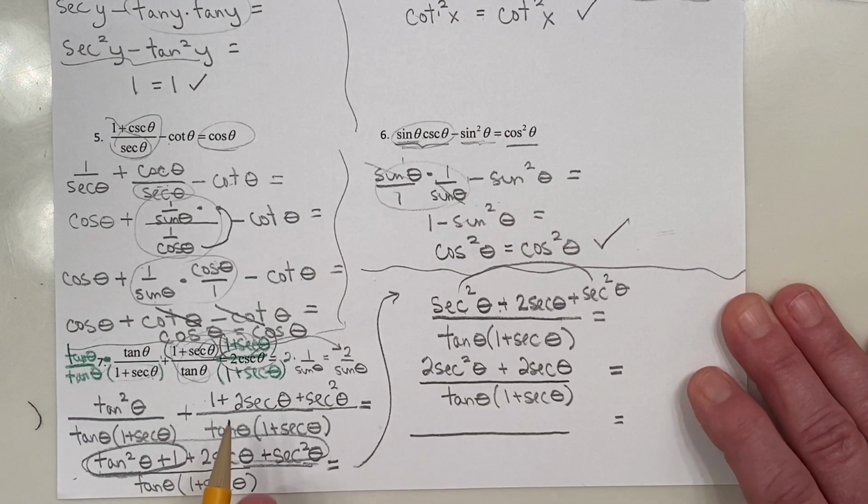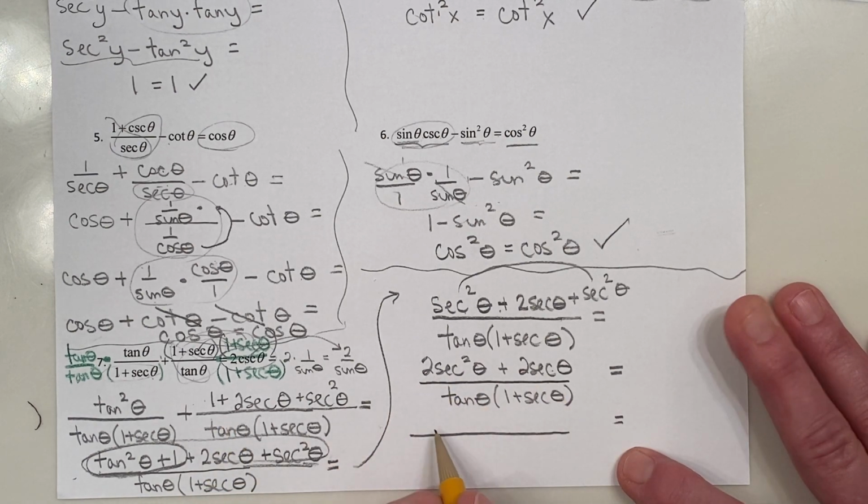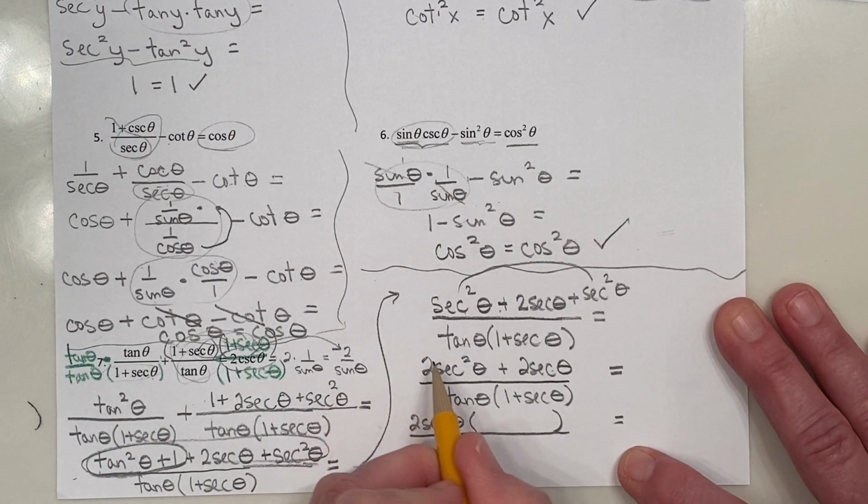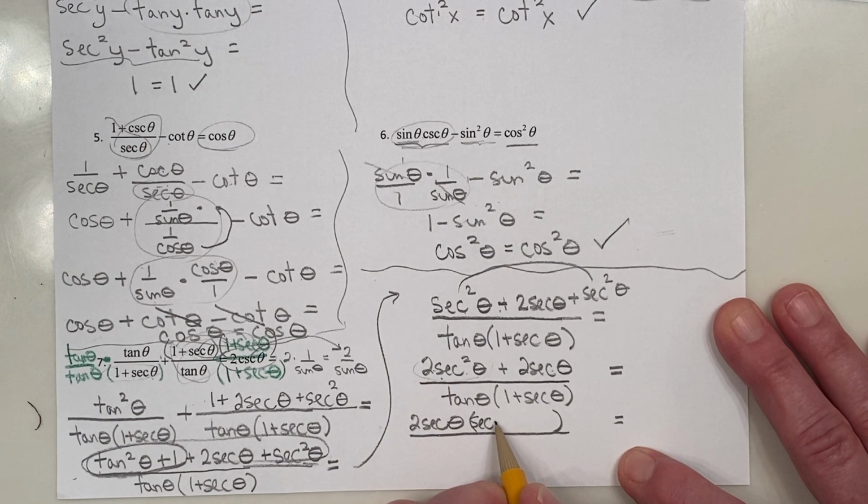In the numerator, I'm going to take out a common factor of 2 secant theta. When you divide 2 secant theta out from this term, you're left with just a secant theta. Plus, when you divide 2 secant theta out of itself, you're left with 1. And I'll re-record the denominator.